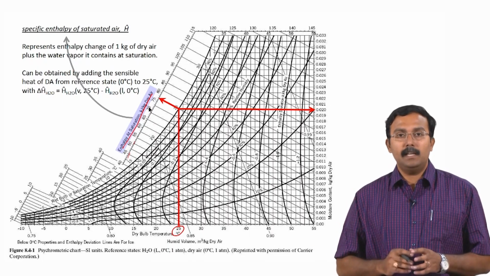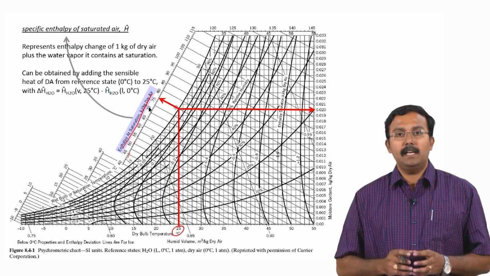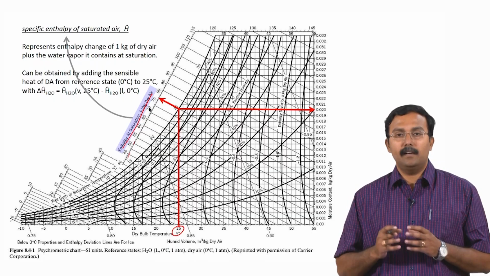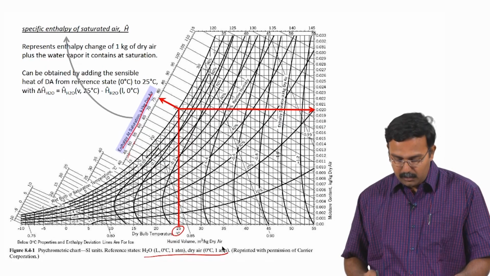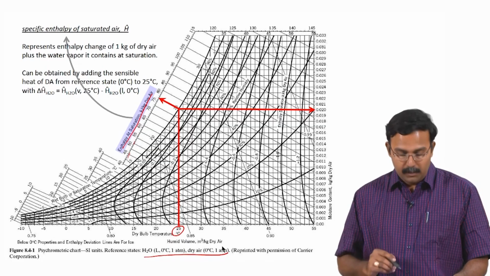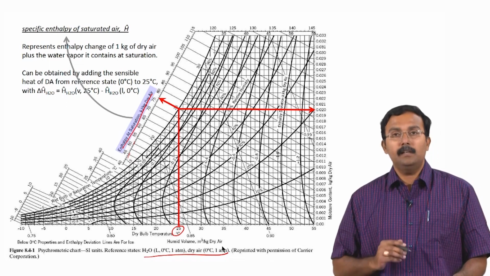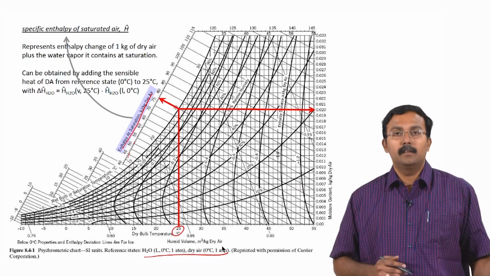So we need to understand that this is obtained with the reference state as water liquid at 0 degree Celsius and dry air at 0 degree Celsius, which is the reference state used for this system. Okay. So with that in mind, we can use this chart to get the enthalpy for saturated air.